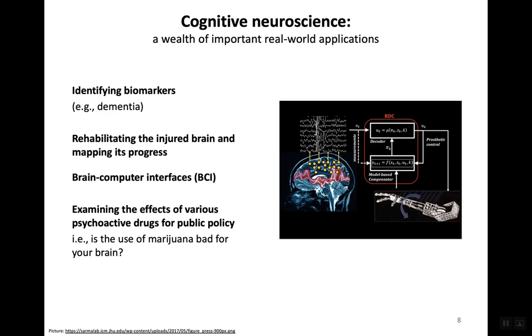What about the rehabilitation of the injured brain, whether due to a traumatic accident or due to disease? How can we do that, and how can we map its progress? We already know that the brain has a tremendous capacity for self-repair. It is well known for neuroplasticity, right? The ability to change in response to certain factors. But we also know that some people recover much faster from some injuries than others.